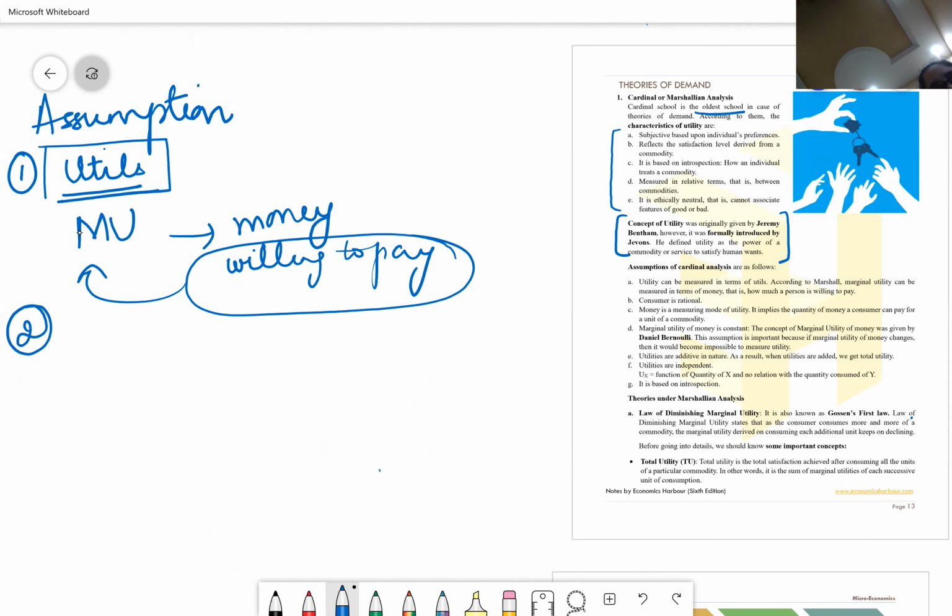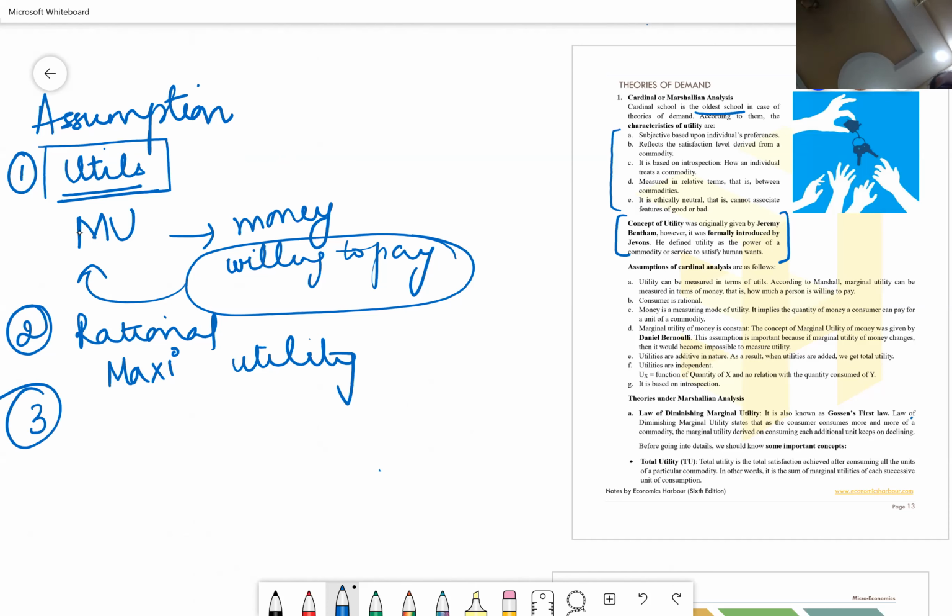Second assumption is that the consumer is rational in nature, in the sense that the consumer will take rational decisions in terms of consumption, in terms of the given budget, and so on. Right. So it means that the consumer aims to maximize his utility derived from the consumption of the commodity, subject to the constraint in income.